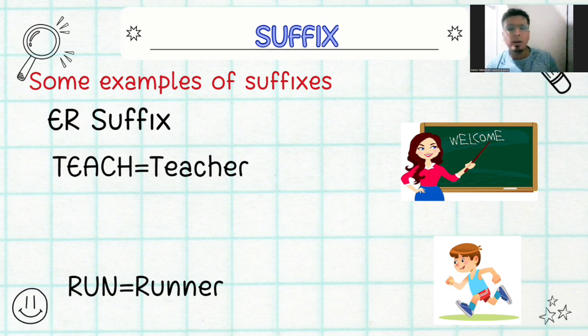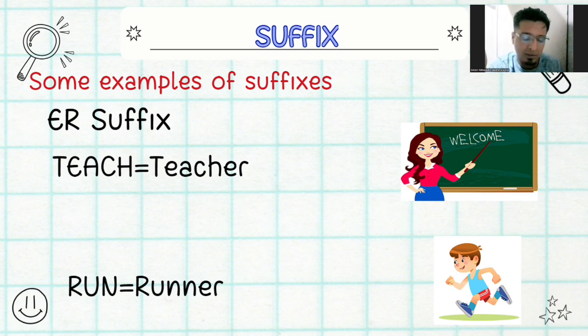Another type of suffix that we can find is the suffix with the ending "er." This suffix is used to transform a verb into a noun. Example, we have the verb to teach, to which we add the ending "er," and we have the noun teacher.